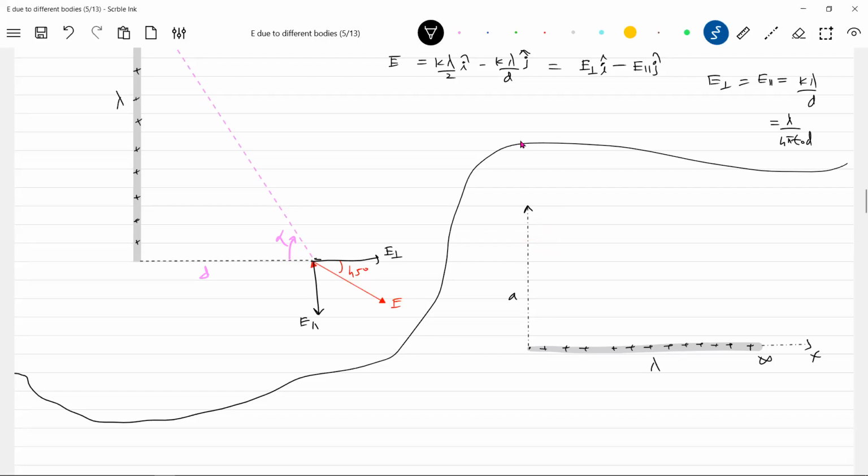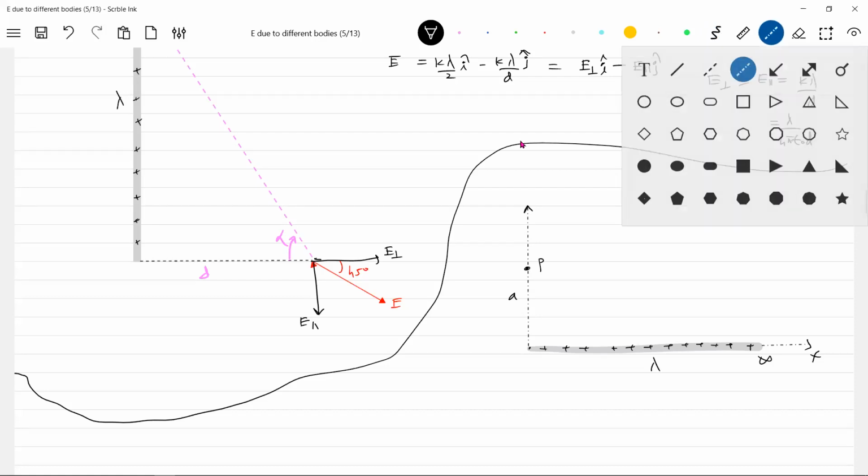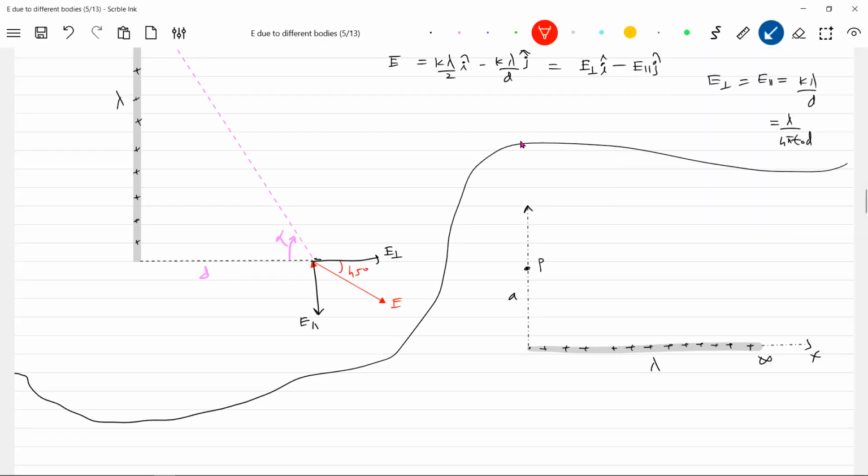Let me bring this point here. Now what are you going to do? There will be two components. One will be E perpendicular, the other component will be E parallel. Sir, how are you going to assume E perpendicular? Perpendicular to the rod. What about E parallel? Sir, why can't it be like this? Why can't it be E parallel like this?